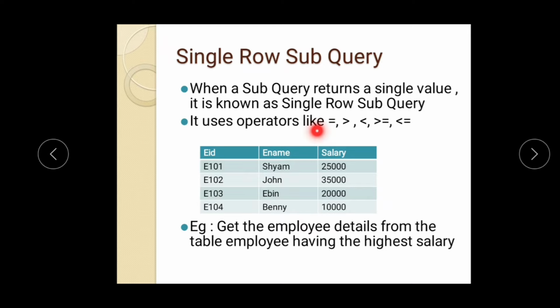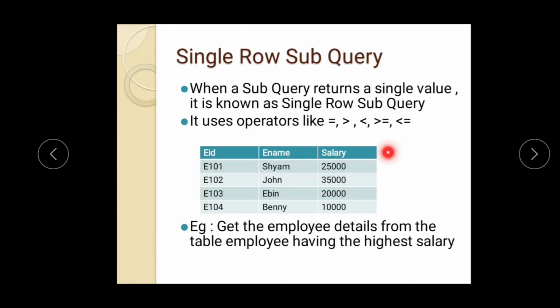For connecting these two queries, we have certain operators. In a single row subquery, we use operators like equal to, greater than, less than, greater than or equal to, and less than or equal to. In a multiple row subquery, we use another operator called IN, which we will discuss in later slides.